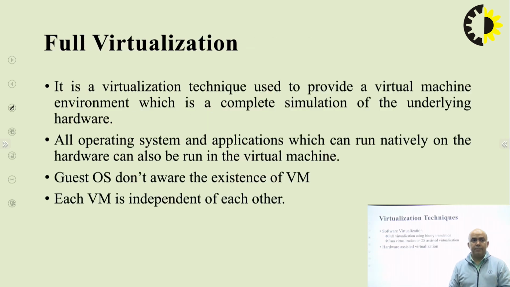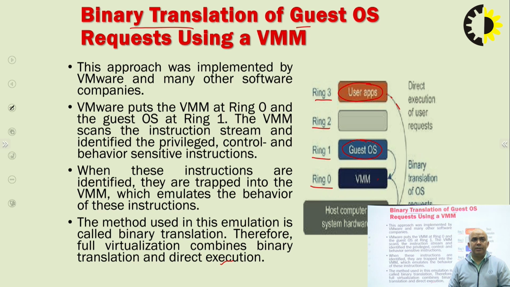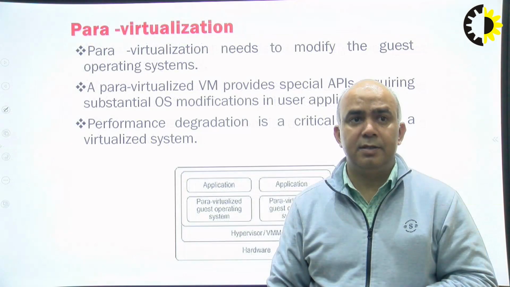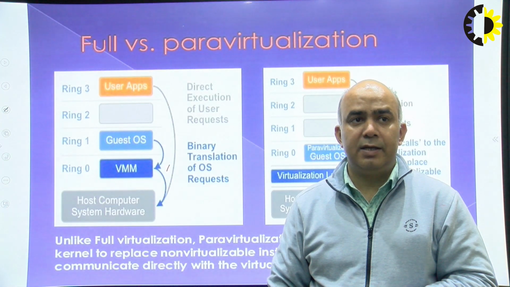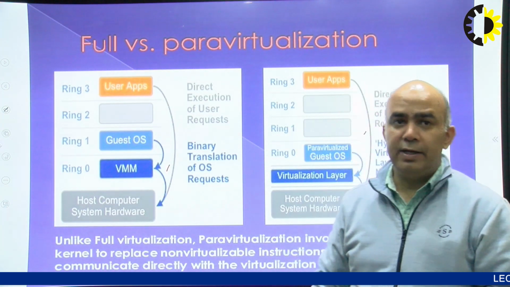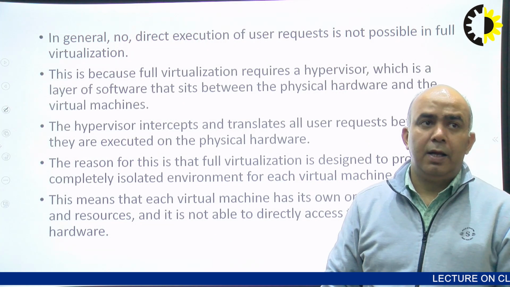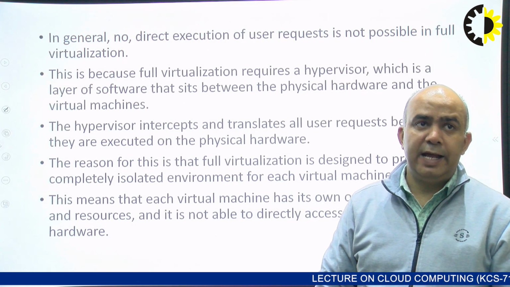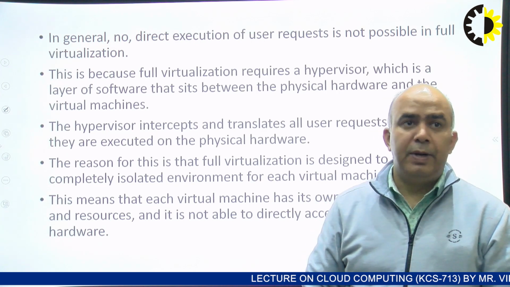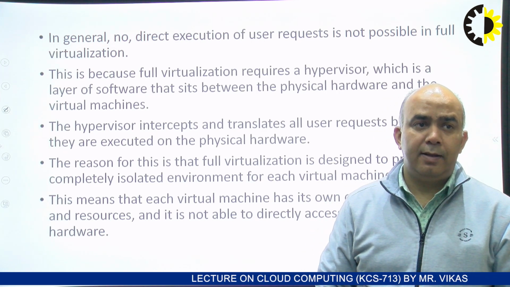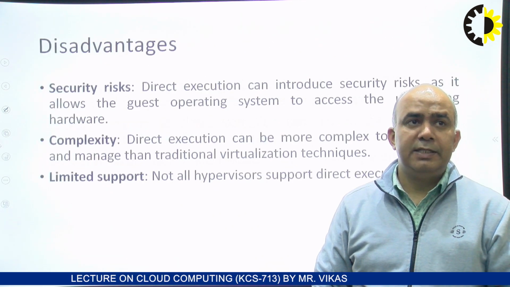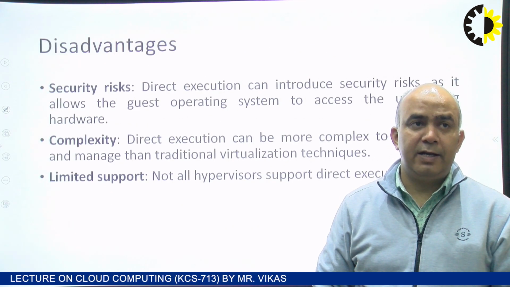This is binary translation, and this is para virtualization; that is the difference between these two. Direct execution can happen, but not on all machines. So these are the advantages and disadvantages of direct execution.